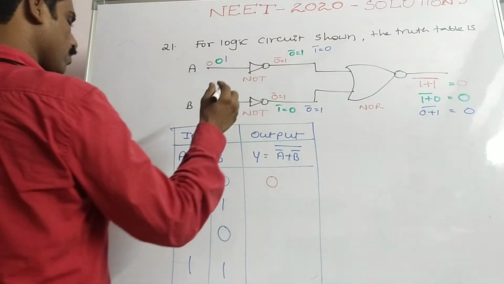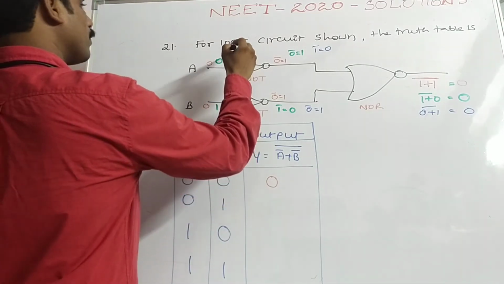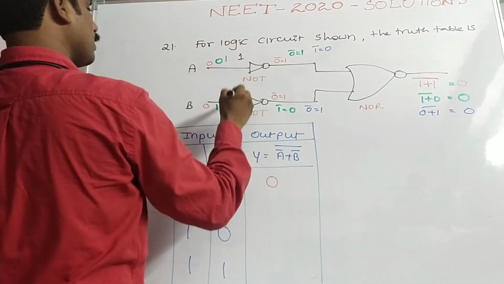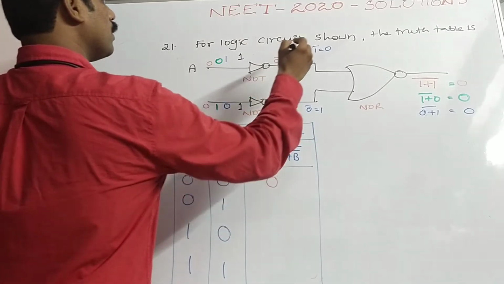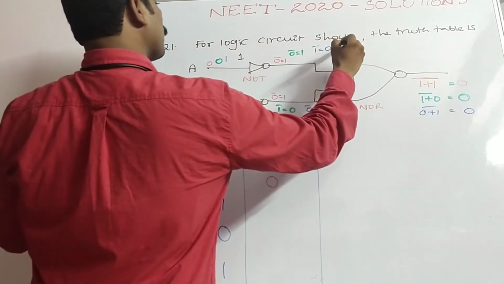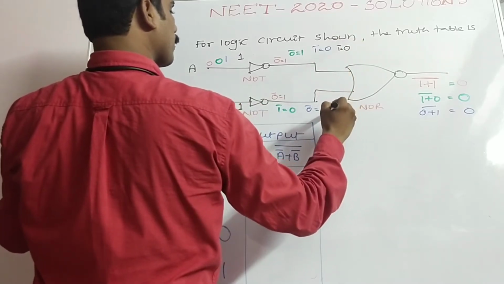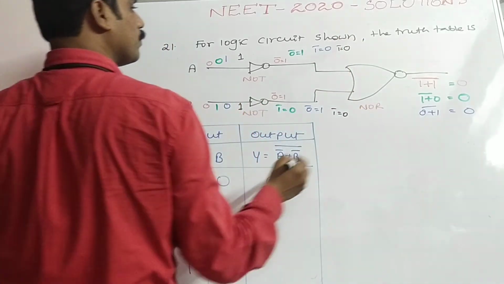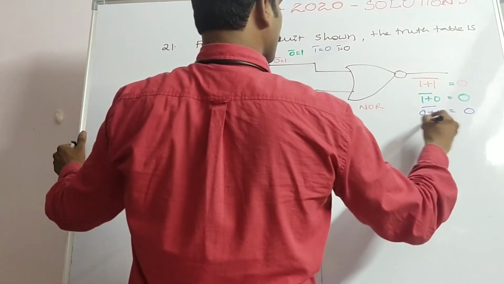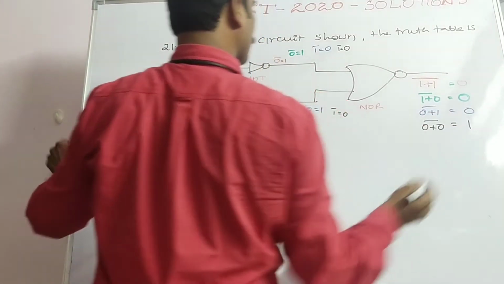Now 1, 1. Here we have to give 1, here I have to give 1. 1 bar equal to 0, here also 1 bar equal to 0. 0 plus 0 bar equal to 1.